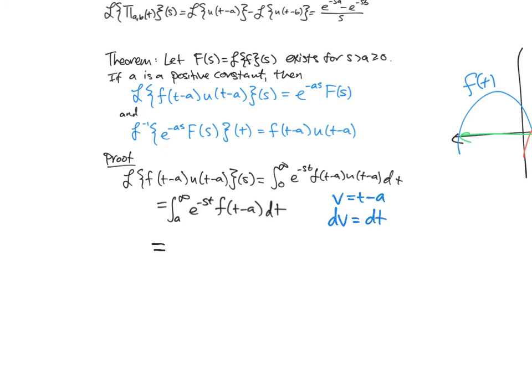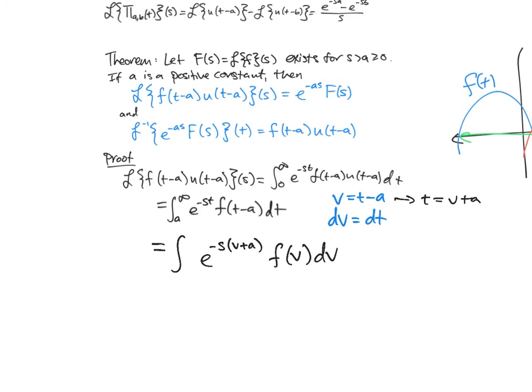So now I can write this as the integral, leaving my limits for a second, of e to the negative s times v plus a, because from here we get t equals v plus a, times f of v dv.